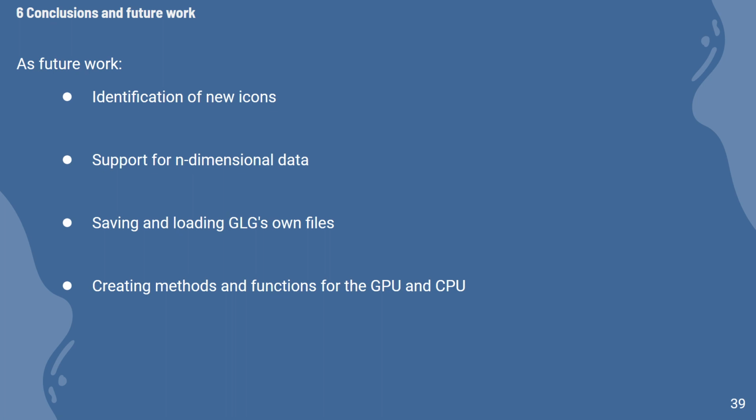Saving and loading of GLG-specific files: work on the implementation of functionalities that allow saving and loading files in GLG's own format. Finally, the creation of methods and functions for GPU and CPU. This will allow greater flexibility in designing programs.